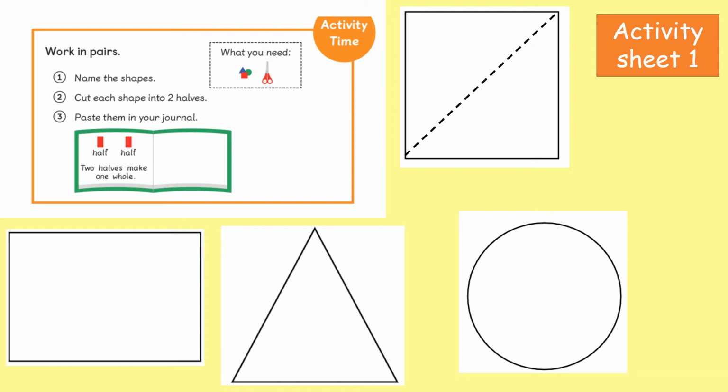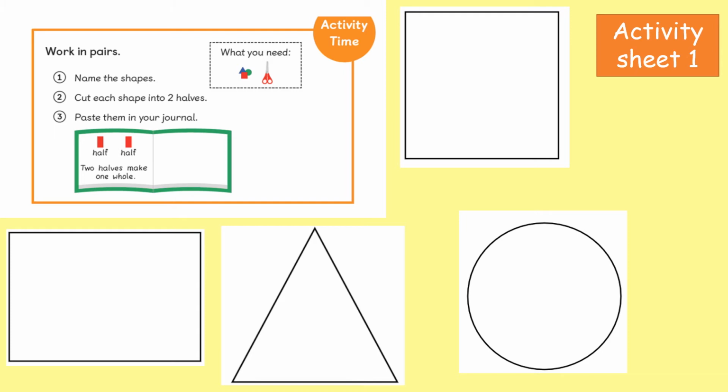And if you put them back together, it will make your square, your whole. And you could have done it the other way. But again, you've got two halves, two parts that are exactly the same. And what you can do to check they're exactly the same is you can put your two parts on top of each other. And if they meet exactly, that means the parts are exactly the same.